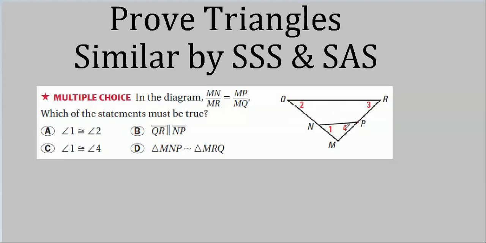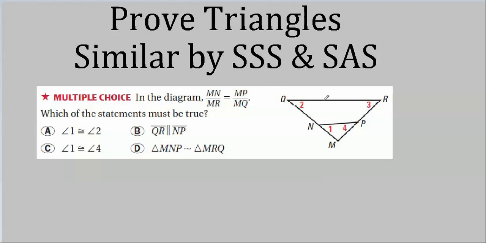But I don't think anything in the ratios here tell us that these two are congruent. They just tell us the ratios of this to this, and this here to this long one. Well, I don't see any way to show that 1 and 4 are going to be congruent.